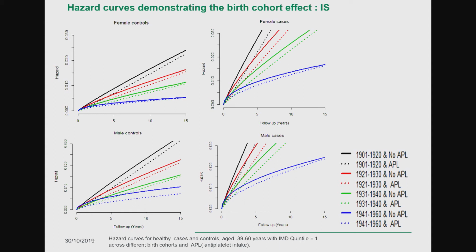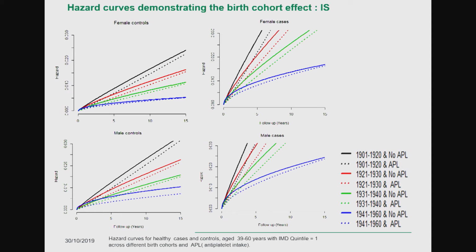The dashed lines are the people who are taking antiplatelets, and the solid lines are people who are not. You would see the hazard for people taking it is lower than for people not taking it, so it's kind of a protective effect of antiplatelet going on here.